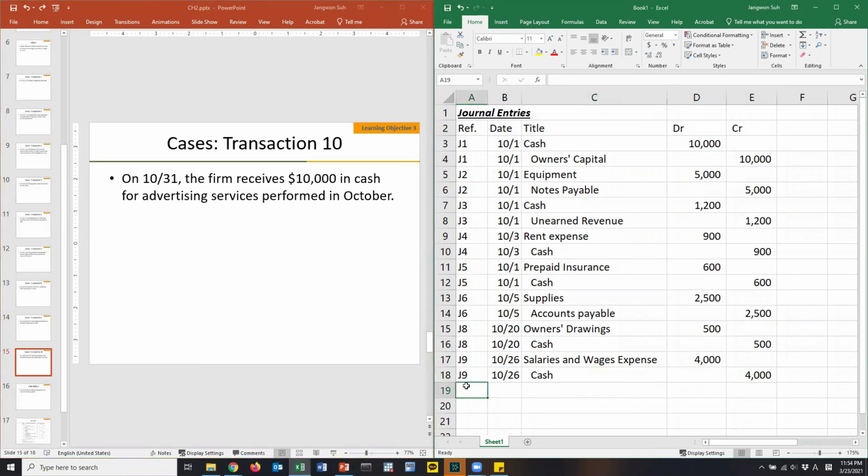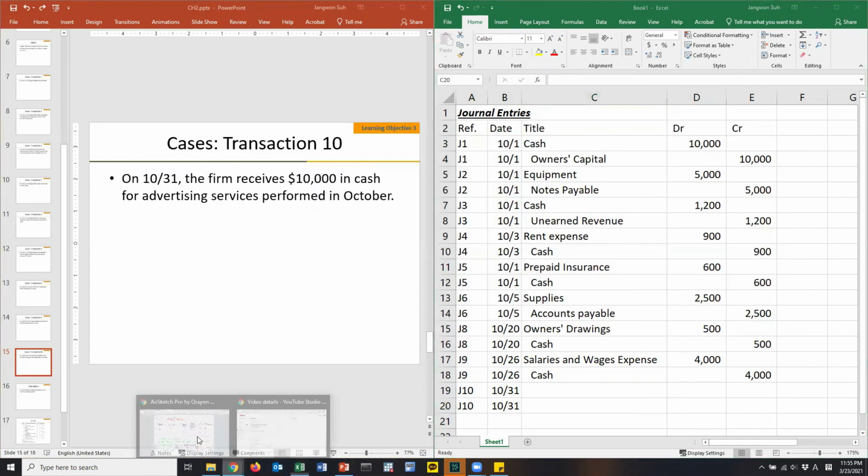And then finally, the last transaction, on 31st, the last day, the firm receives cash 10,000. Cool. For advertising service performed in October. Service performed is, as discussed, one of the typical phrases that describe sales revenue or revenue. Okay. In this class, we use sales and revenue interchangeably. Okay, so you can say that revenue increases or sales increases.